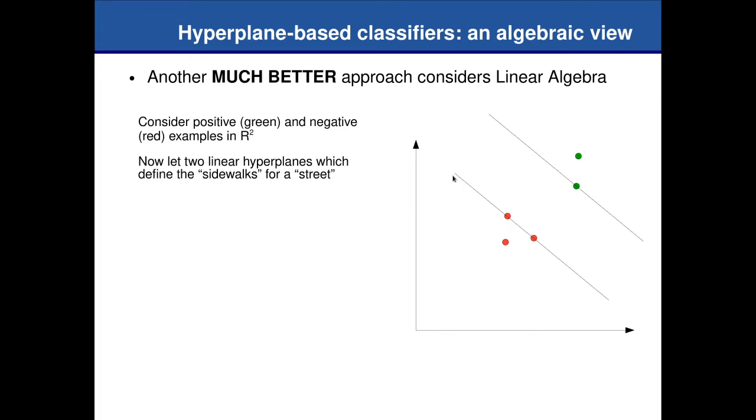I need to state that I've got two support hyperplanes. This is the support hyperplane defining the positive class, and the support hyperplane defining the negative class.